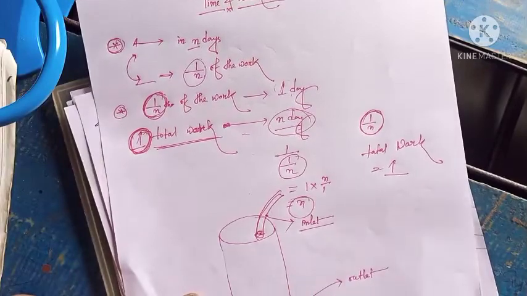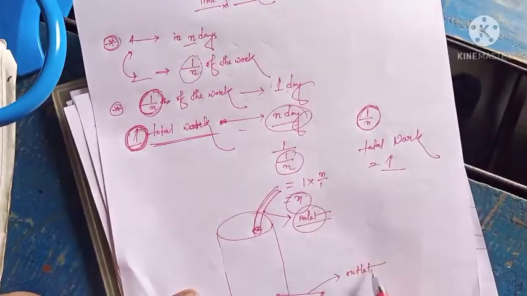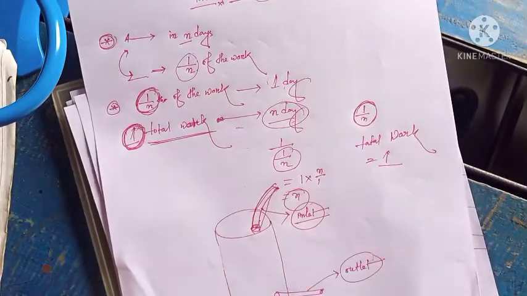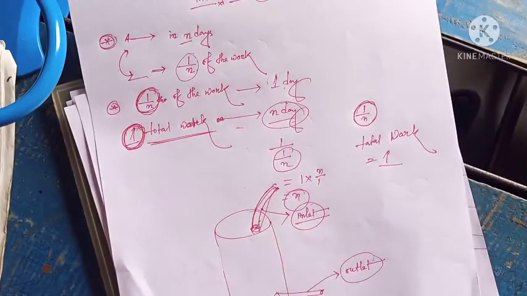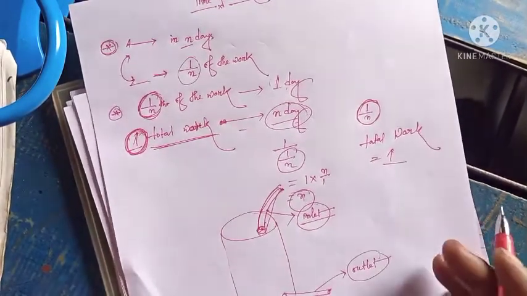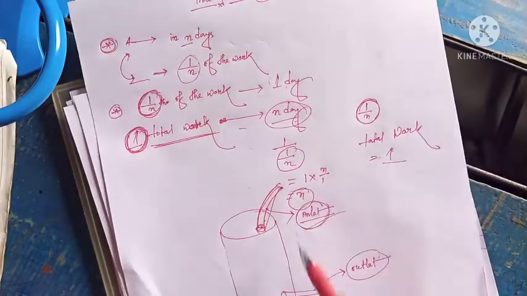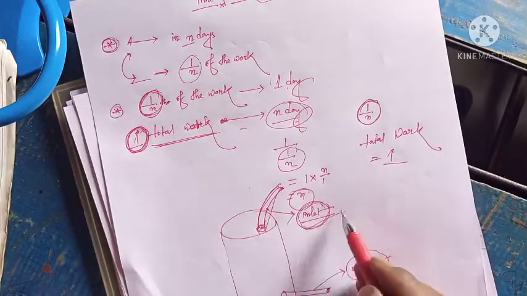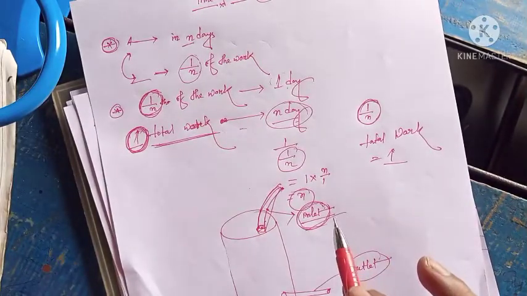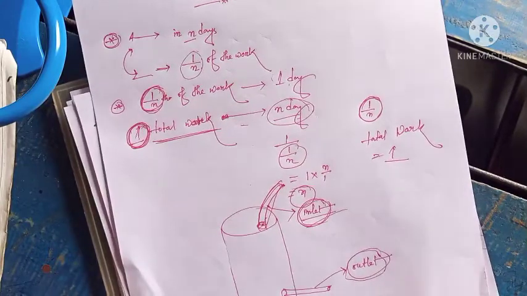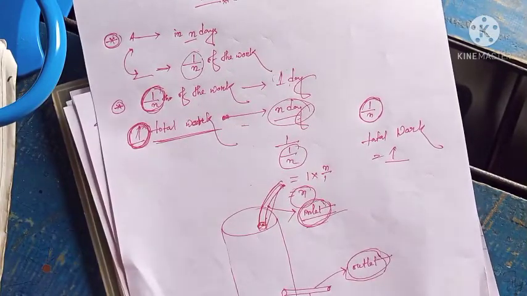No need to remember these terms, but at least we should know them. If these terms are used in the math, then you can understand the meaning. So inlet means the pipe which fills the tank, and outlet means the pipe which empties the tank.